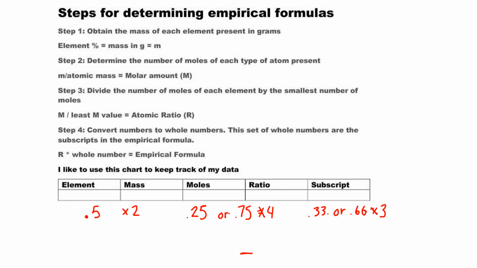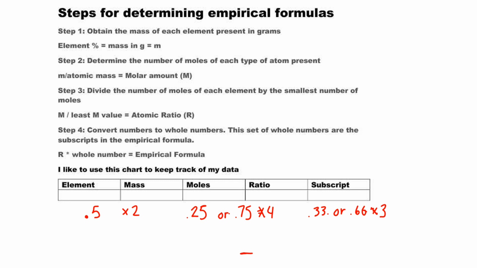Step 4, we're going to convert those last numbers after the ratio into whole numbers. Sometimes you'll get a subscript that ends in 0.5, 0.25, or 0.33. That's not close enough to a whole number to round, and 0.33 or 0.66 and 0.25 or 0.75 we can't round to whole numbers.